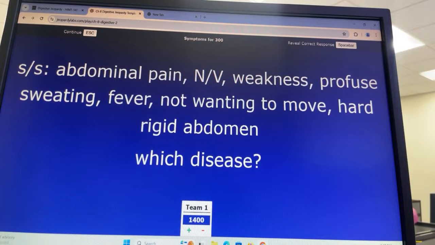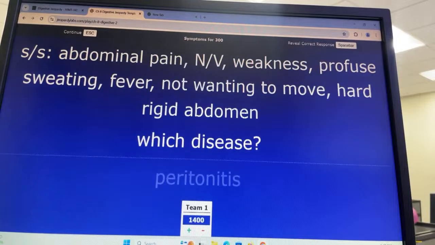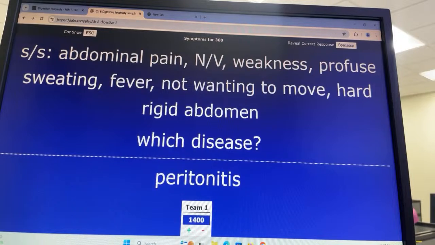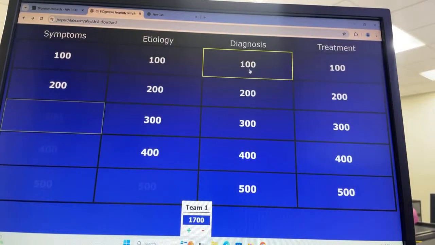The rest of it, nausea, vomiting, abdominal pain, all of them have that, right? It's not IBS. Yep, peritonitis. Just remember that big swollen belly that looked like she was about to have twins? That was just the inflammation. The abdomen is like a solid rock to the touch, okay?